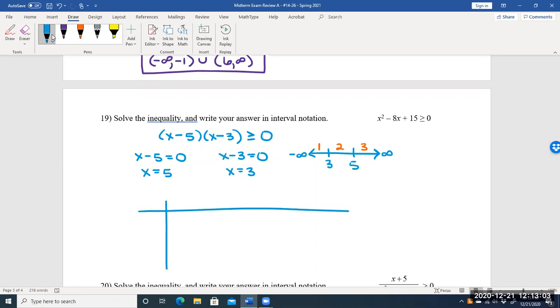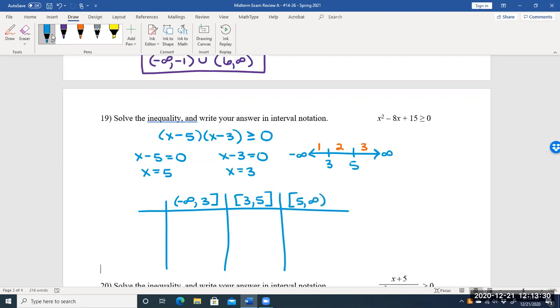So we're going to leave the first column blank here for a second. That's where we're going to put in our factors. But up here at the top, I've got -infinity to 3. I am going to use a bracket by the 3 because my inequality symbol is a greater than or equal to. Second interval is from 3 to 5. And my third interval is from 5 to infinity.